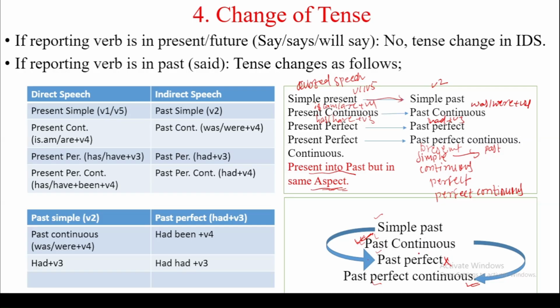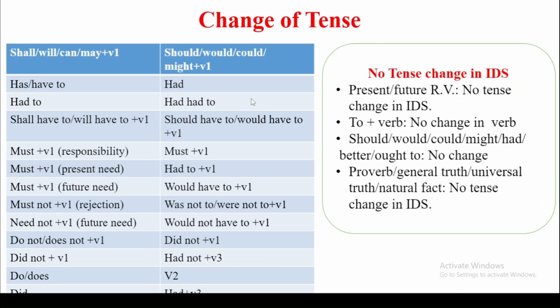And if there is past perfect and past perfect continuous, these two tenses are not changed. They remain the same. So this is the rule of tense change in direct to indirect speech. And if there is any modal auxiliary verb, the modal auxiliary verbs are written in their past forms, like can as could, may as might.